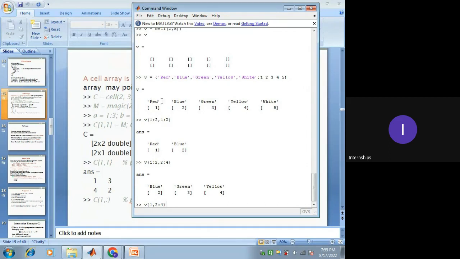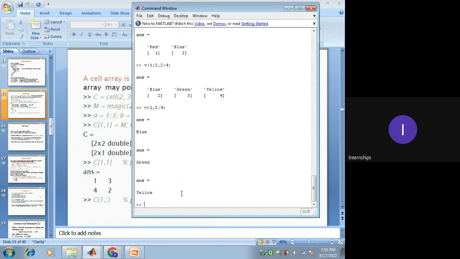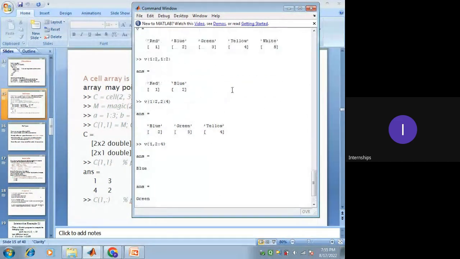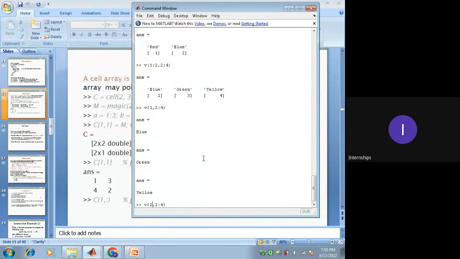We are selecting only the first row, that means the string names, and columns 2 to 4. The answer will be this one: blue, green, and yellow. And if you write 2 here, then it will bring 2, 3, and 4. That is the second row element. 2, 3, and 4.